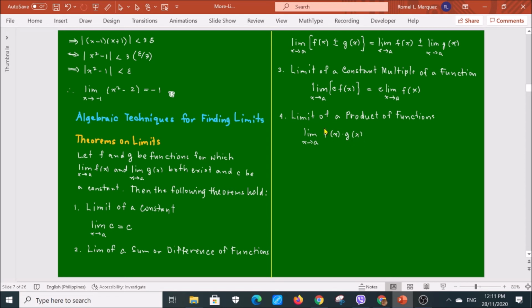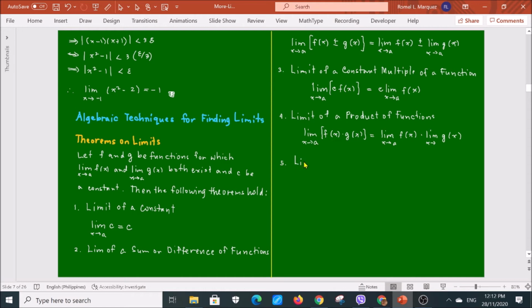So let's say I have a product of functions. What is the limit of such a product? It is equal to the product of their limits. No? You can split into a product: the product of the limit of f of x and the limit of g of x. So again, the limit of a product is the product of the limits. The limit of a product of functions is equal to the limit of the first function times the limit of the second function.